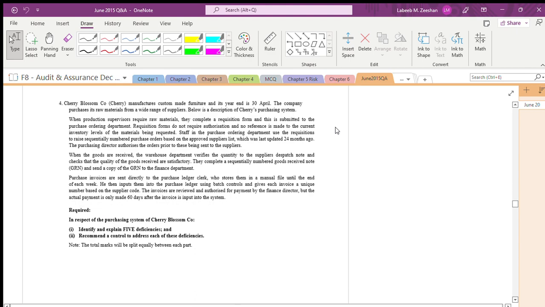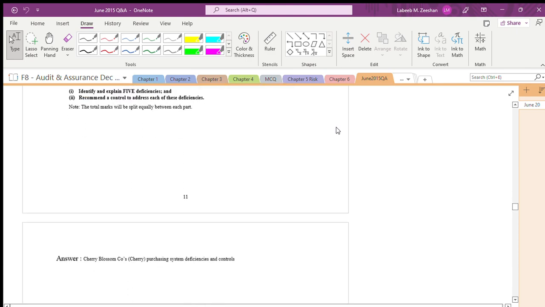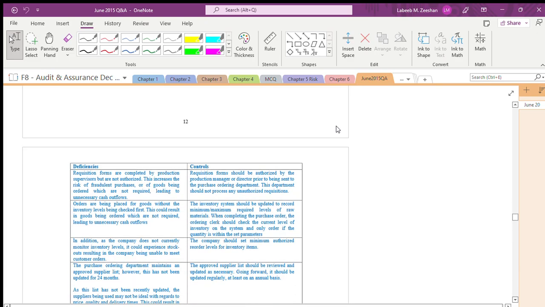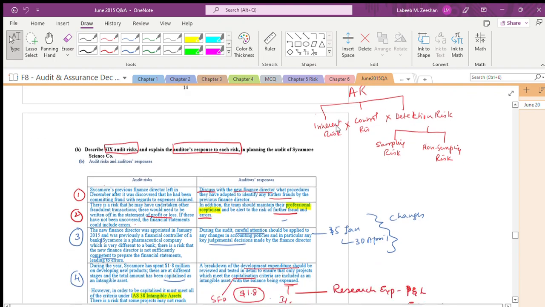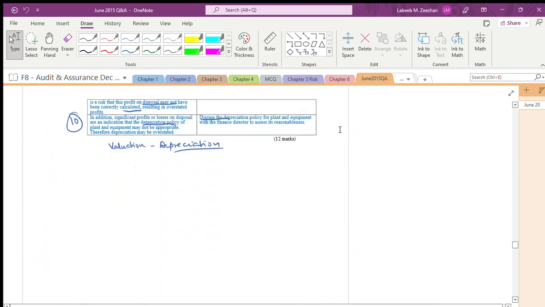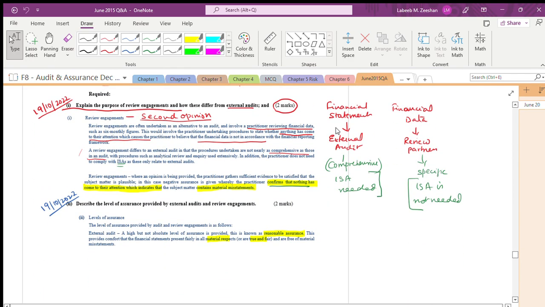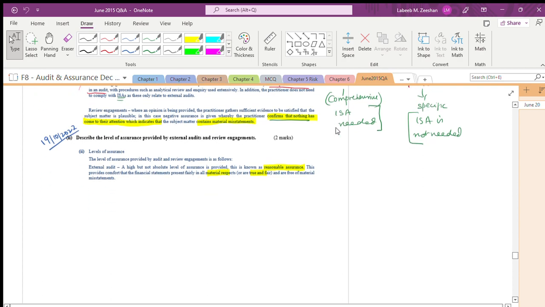And yes, we will cover the deficiencies and we are addressing each deficiency. Good question paper. By that time we are going to do this. We have substantially covered this question paper, engagement also.